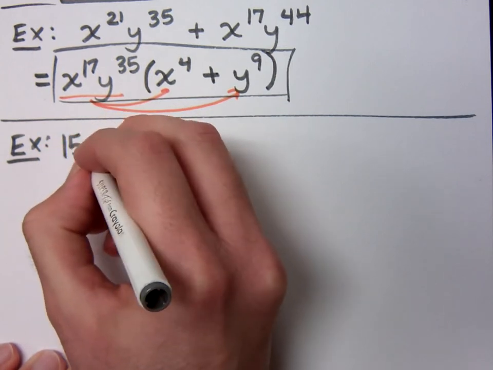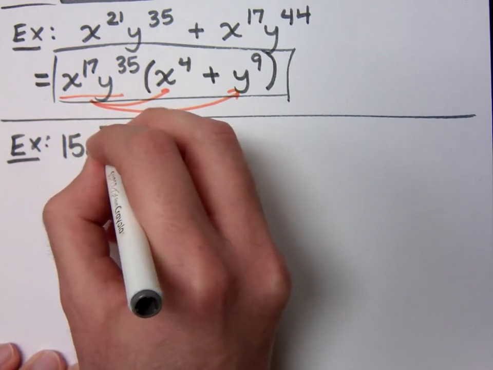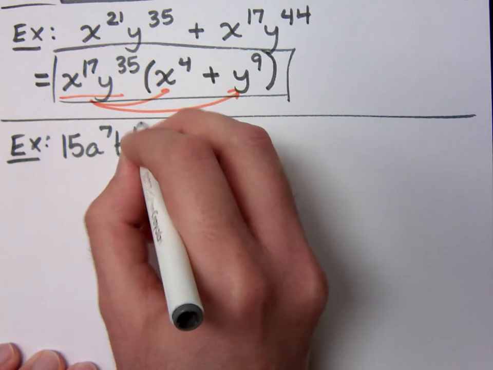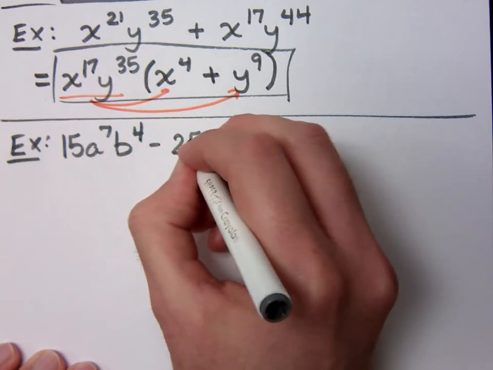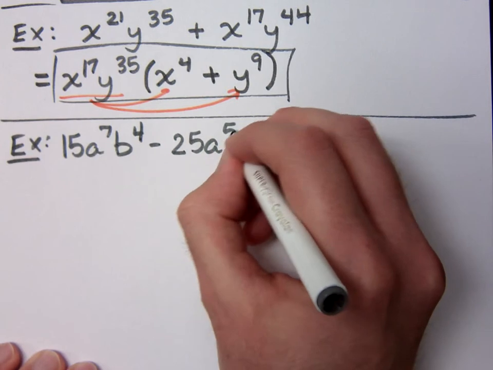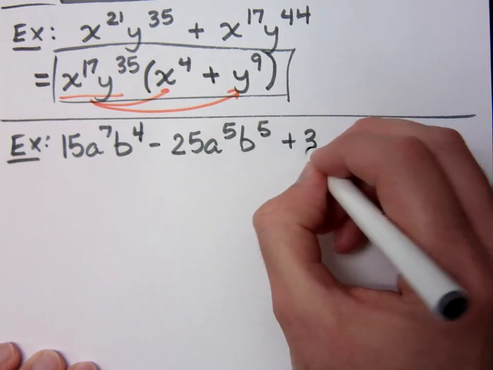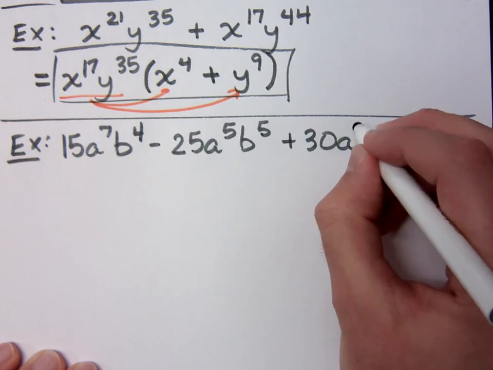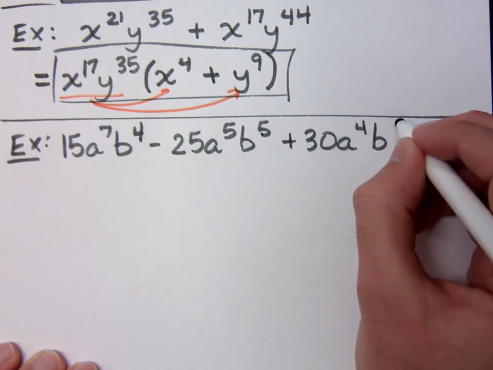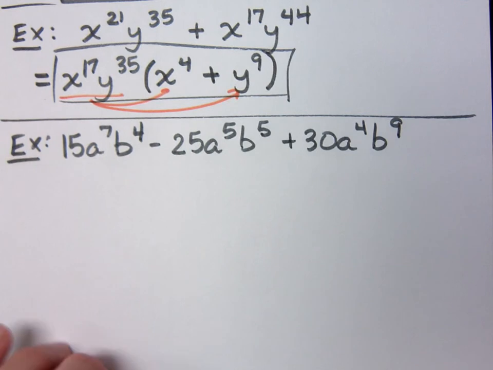How about 15 a to the 7th b to the 4th, minus 25 a to the 5th b to the 5th, plus 30 a to the 4th b to the 9th.